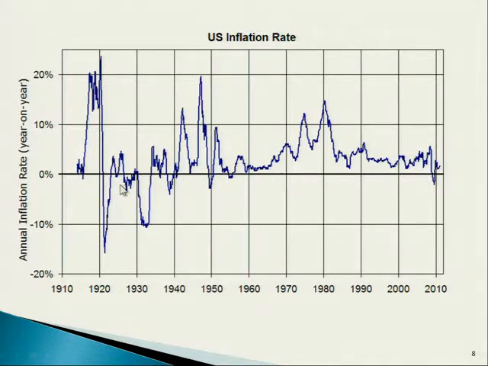And once again, you can look at the tendency, and since then it has more been positive, which means there was an increase in the inflation. And just before 2010, there was again a negative inflation rate, which showed that the prices came down.